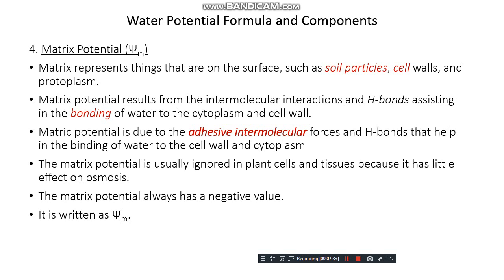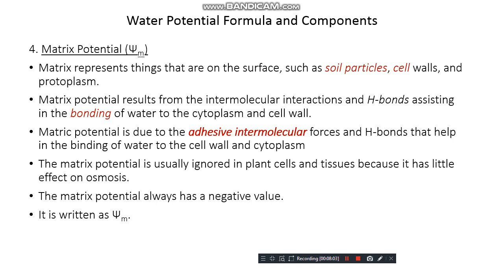Matric potential is the fourth and last water potential component. It's due to the hydrogen bonding or adhesive intermolecular force of hydrogen bonds of water with cells, soil particles, and other protoplasm. When this happens, matric potential occurs.